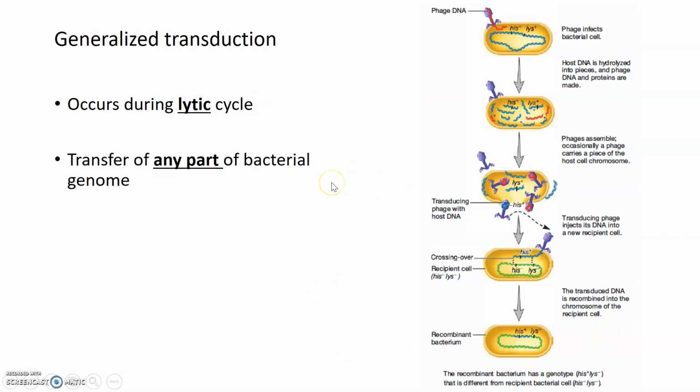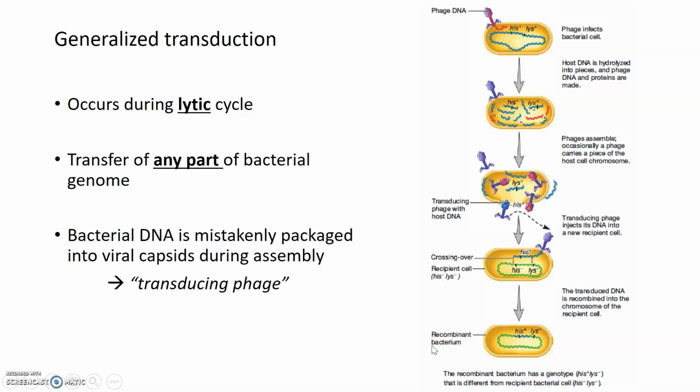In addition, generalized transduction can transfer any part of that bacterial genome to a new recipient cell. And that's because the main hallmark of generalized transduction is that the bacterial DNA is mistakenly packaged into viruses during the assembly phase to create what's known as a transducing phage that can bring this DNA to a new cell.